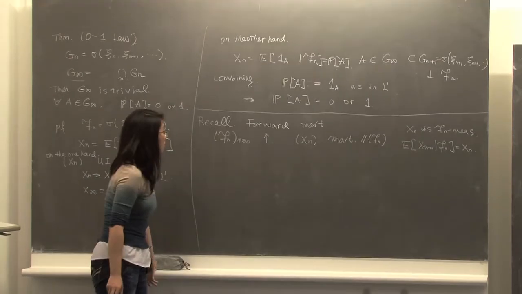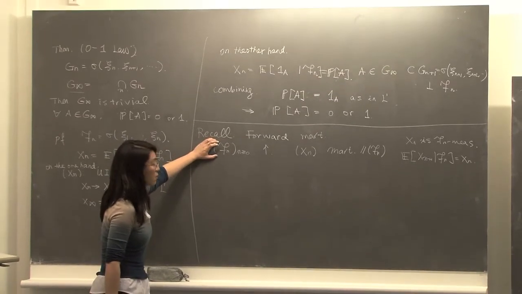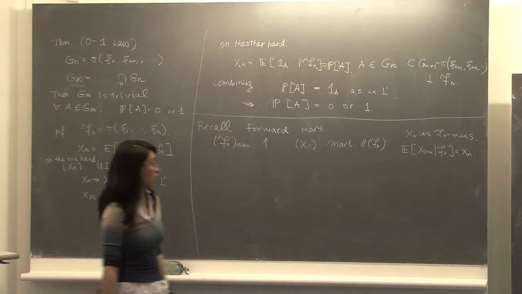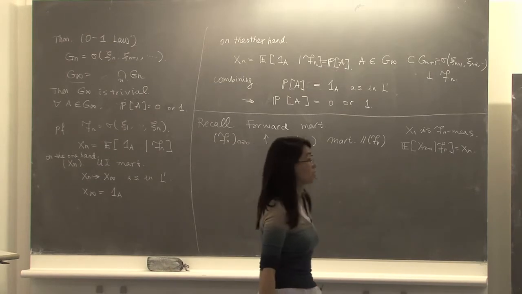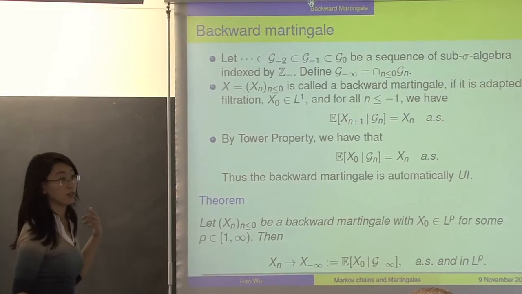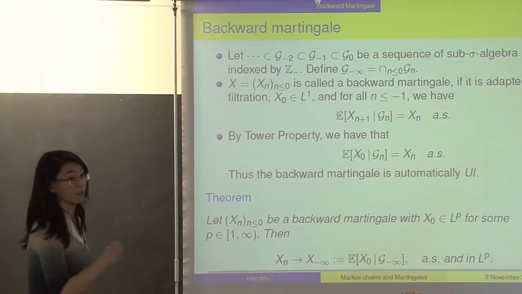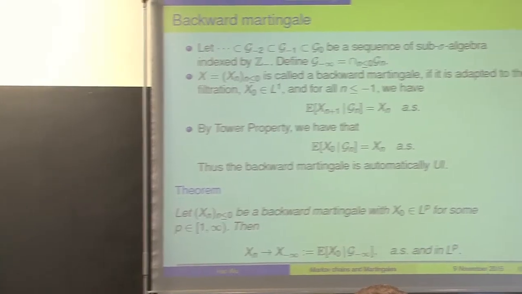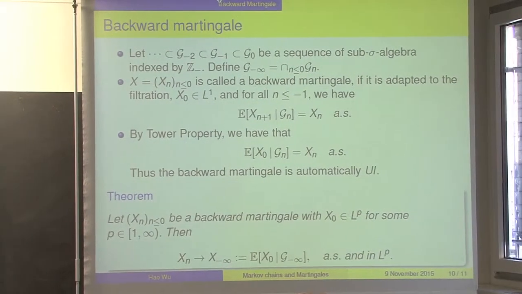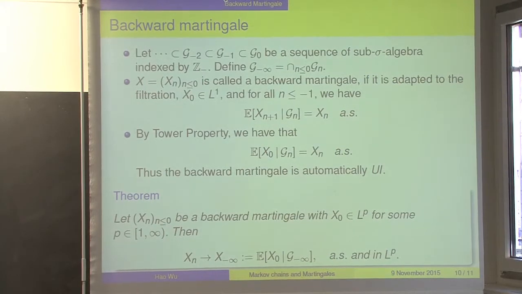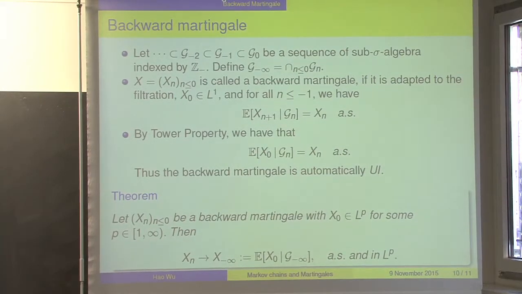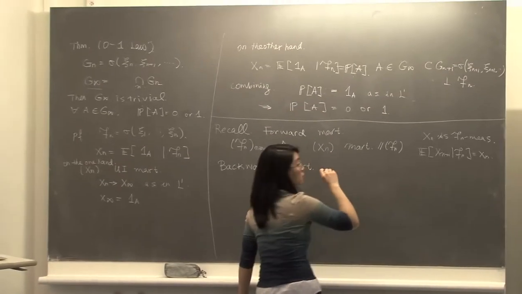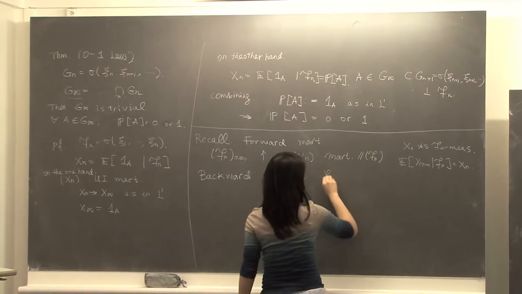For a backward martingale, first, the sequence of filtrations we are considering is a decreasing sequence. But in order to keep the same notation as martingales, we will index this sequence by negative integers, so that this is still an increasing sequence in the index. So now we have a sequence of filtrations Gn indexed by negative integers.